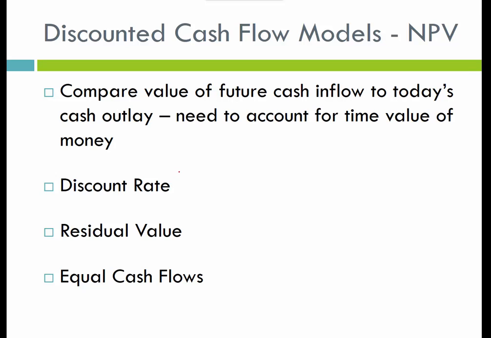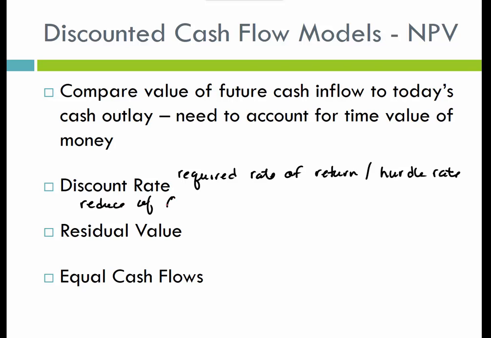So I'll need a discount rate. This will be my required rate of return, or my hurdle rate. And I'm going to use this to reduce all future cash flows to today's value so that I can compare apples to apples.